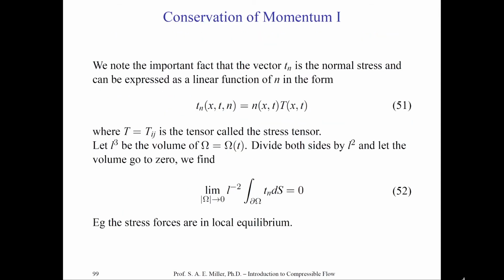Now let's note some important facts about T sub n. It is in fact a vector, and it could represent the normal stress, which is expressed as a linear function of n in the following form in 51. We might write Tn as the normal vector, which changes in x and t for the fluid parcel, times capital T of x, t. Capital T here will usually represent temperature, but here we'll call it the stress tensor.